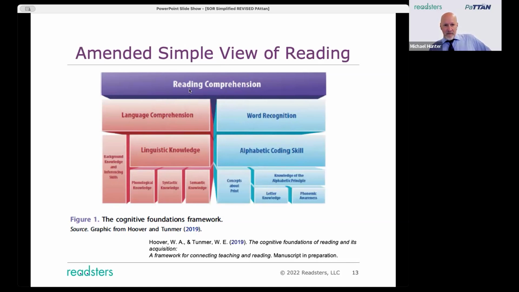So you can see, even though it's a simple view at the top, it becomes more and more complex the further you drill down into it. And all of this information informs what we should be teaching. Because all of these things that are listed here are the things that students need to learn to become a proficient reader. And so therefore, we probably need to teach all of this. Not even probably, we must, because students have to learn it.